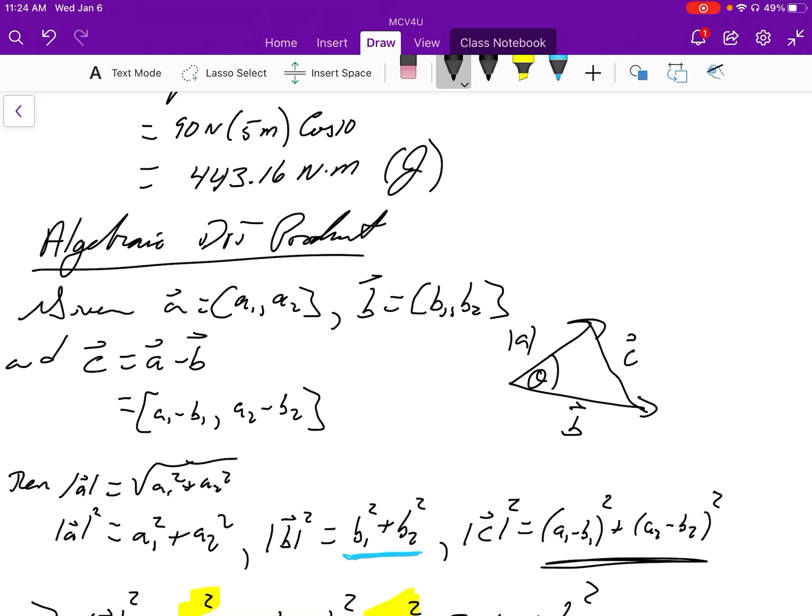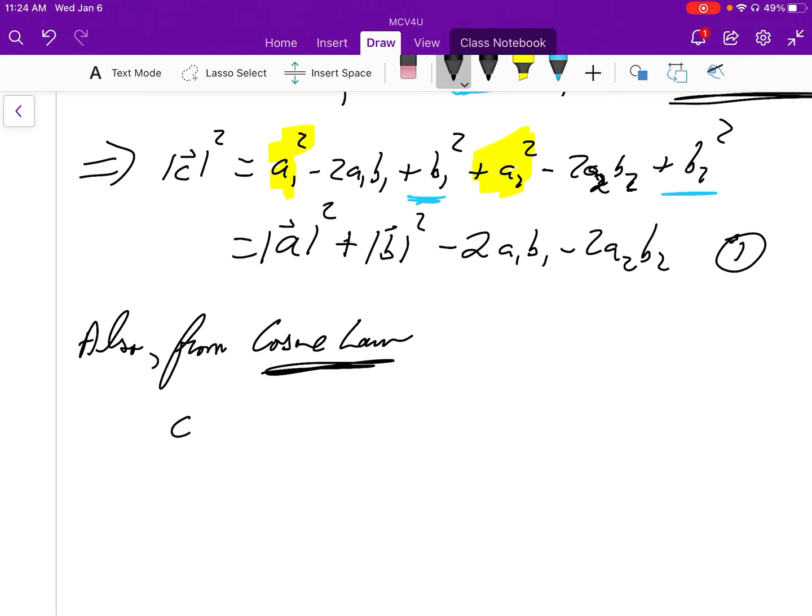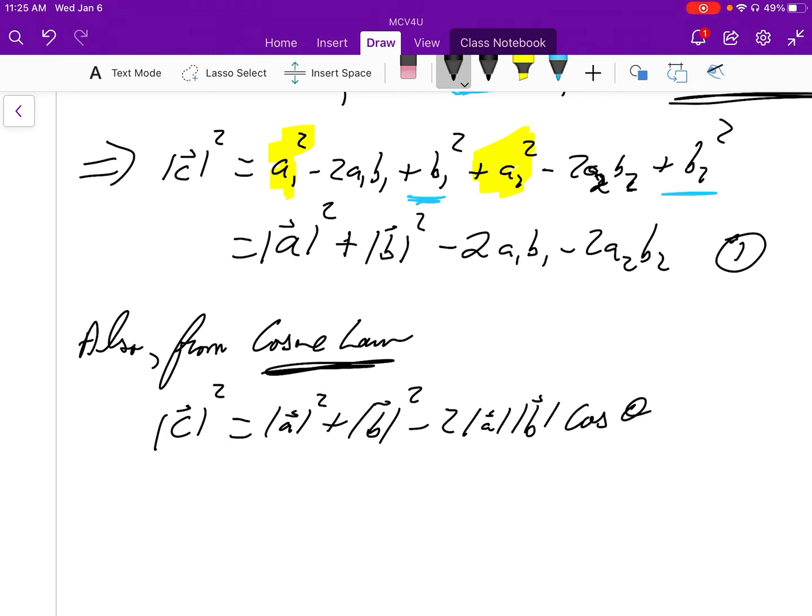So if we're just looking at the magnitudes of each, we can use the cosine law directly. So from the cosine law, we know that the magnitude of c squared is equal to the magnitude of a squared plus the magnitude of b squared minus 2 magnitude of a, magnitude of b, cos of the angle between them. And so here is our second equation.